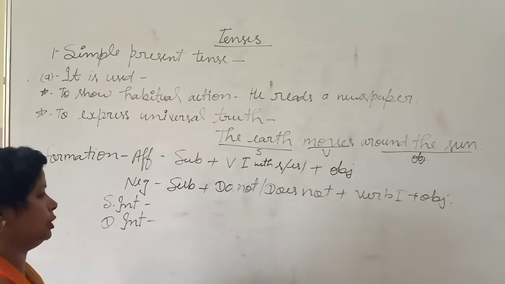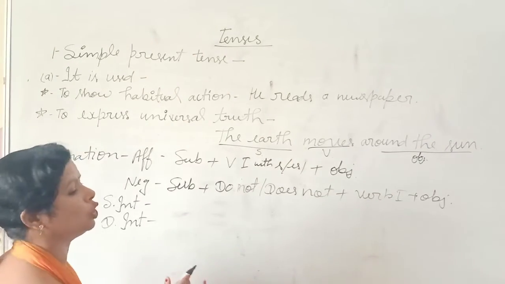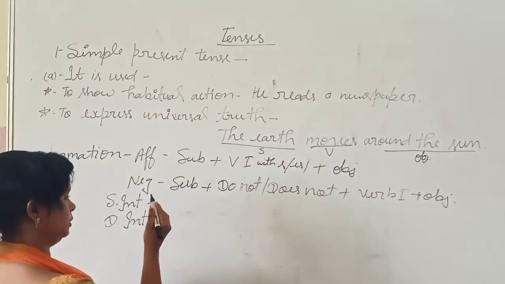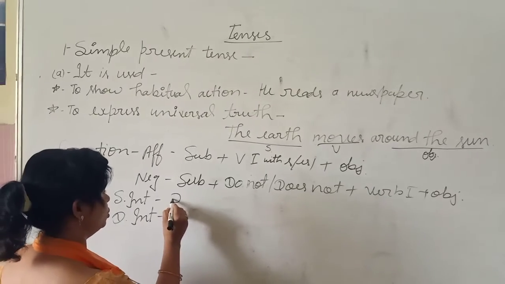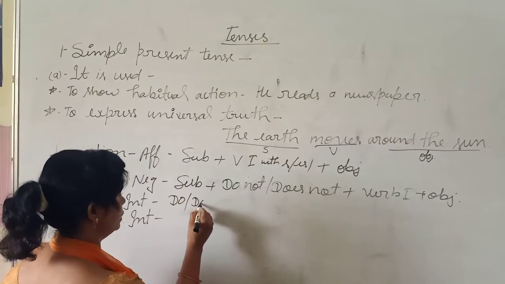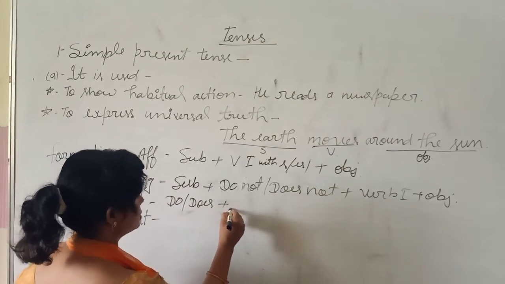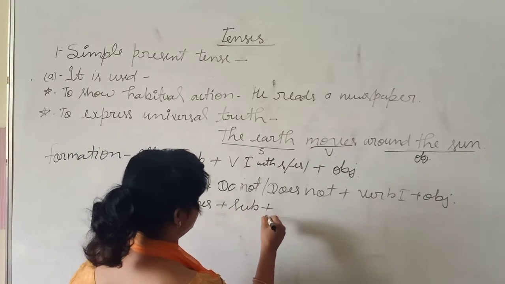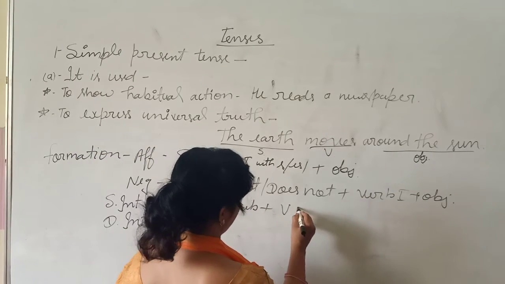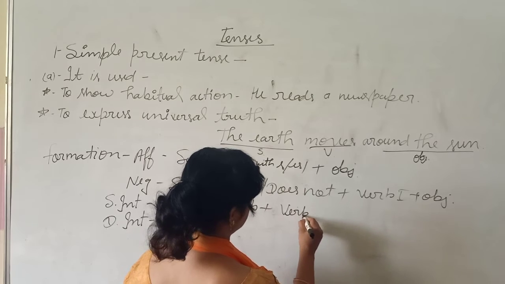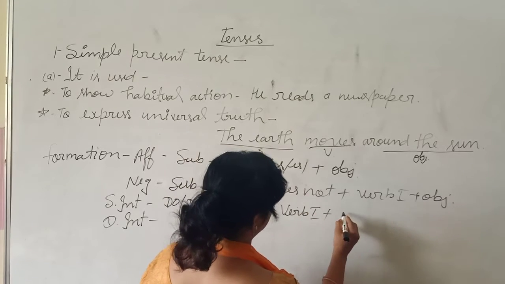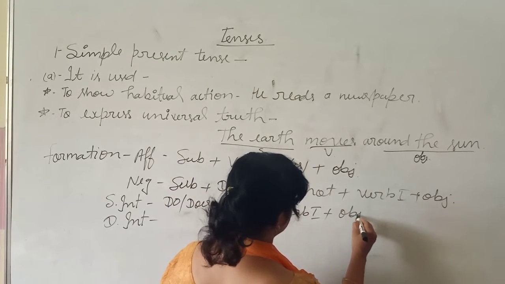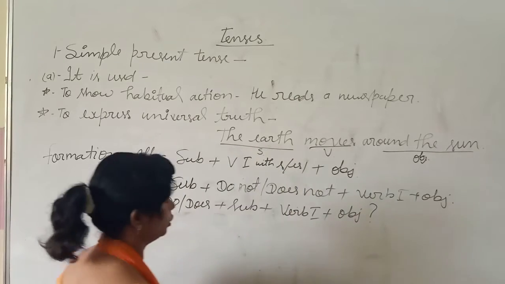Next one is single interrogative, in which we have to use do or does. First of all we use do or does, plus subject, plus verb first form, plus object and the mark of termination.